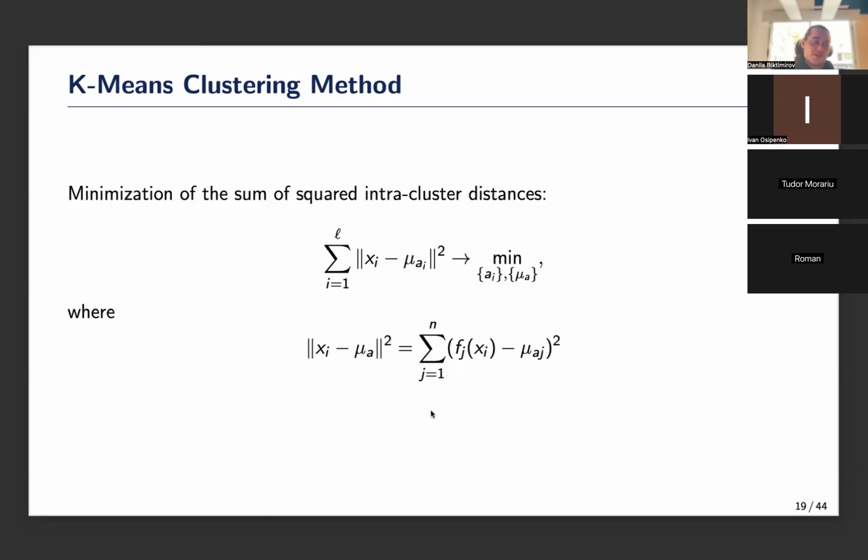This means that each object should be as close as possible to its cluster center, mu, where mu_i is the cluster center and c_i is the cluster assignment for object x_i.